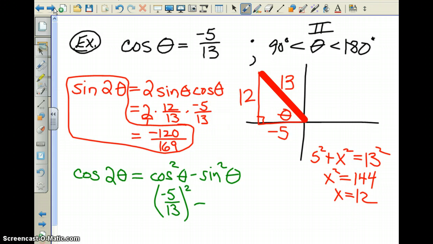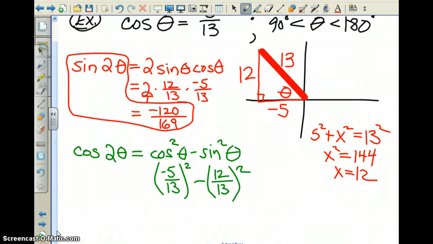And then I also need my sine value, which was 12/13, and I'm going to square that. So when I square negative 5/13, that's going to be positive 25 over 169. Minus 12/13 squared, which will be 144 over 169.